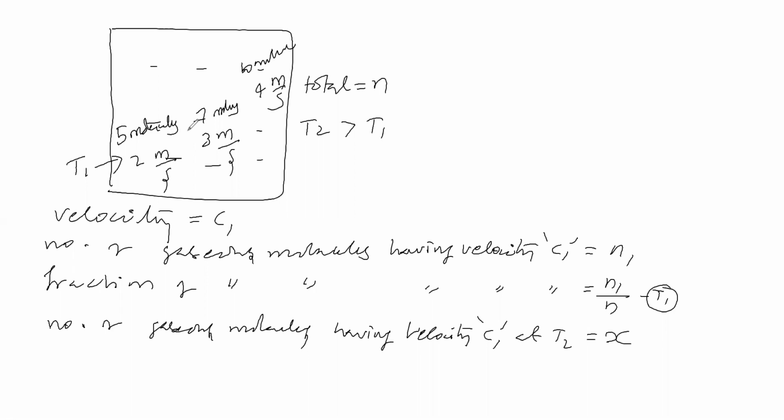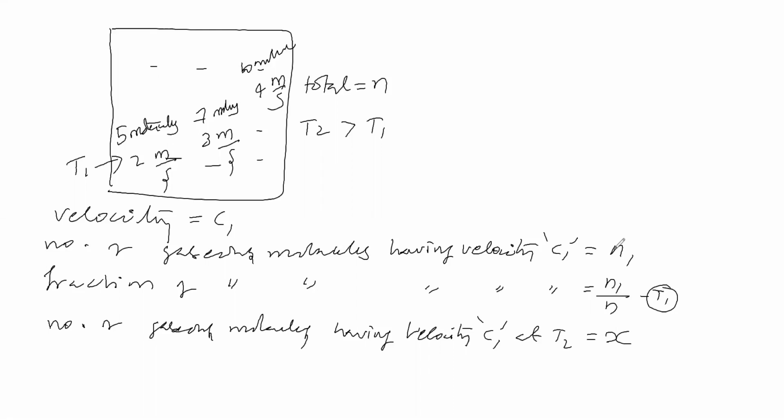The number of gaseous molecules having velocity c1 at temperature T2 is x. The number having velocity c1 is equal to n1, we said. Now you compare x and n1. Which is high, do you say? X is high or n1 is high?